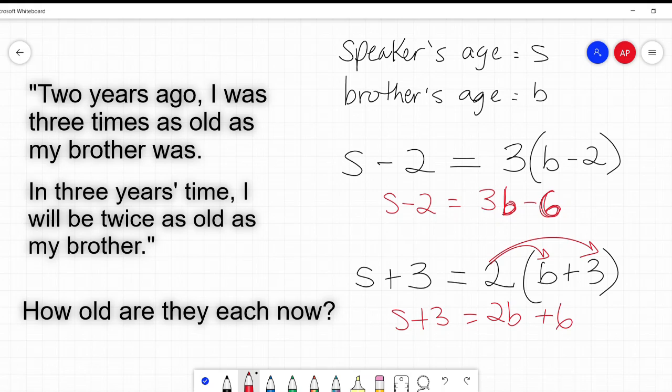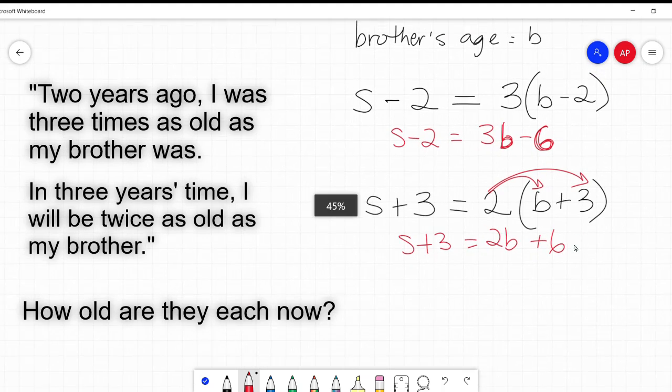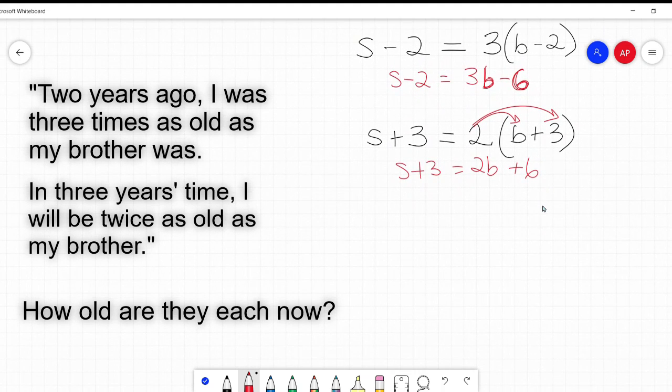Now all I have is a system of equations, and it's only got 2 variables. If you need help with systems of equations, I have several videos on those down below, how to solve them with substitution, elimination, etc. So that's there for you if this is very unfamiliar. So I'm just rewriting my 2 equations.